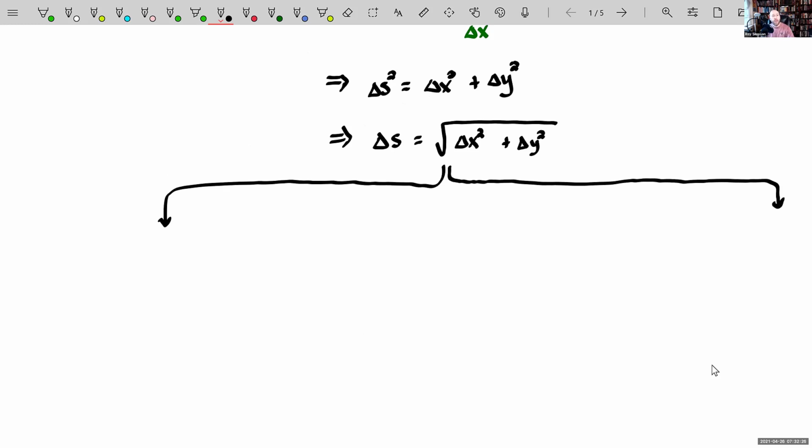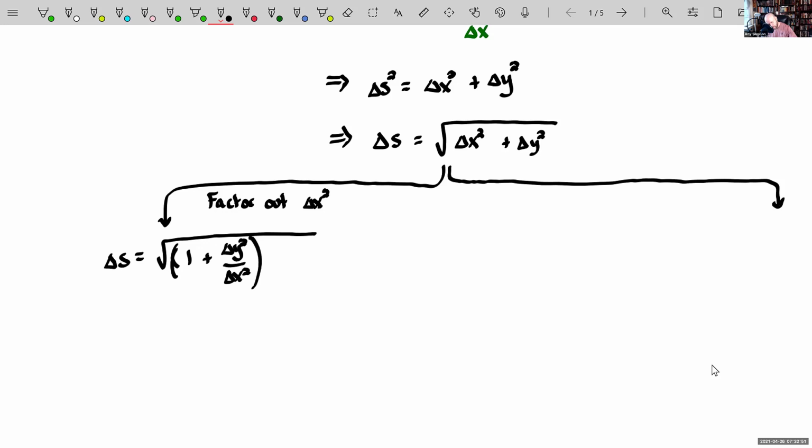In case 1, we would factor out a delta x squared. If you factor a delta x squared out of that square root, you would get delta s is equal to the square root of the quantity 1 plus delta y squared over delta x squared.